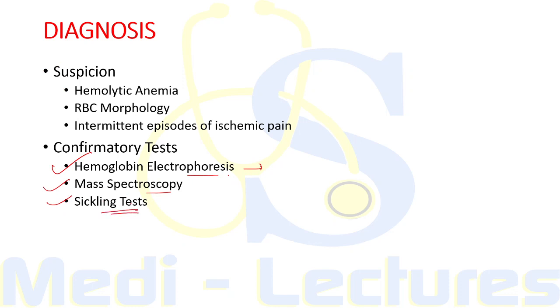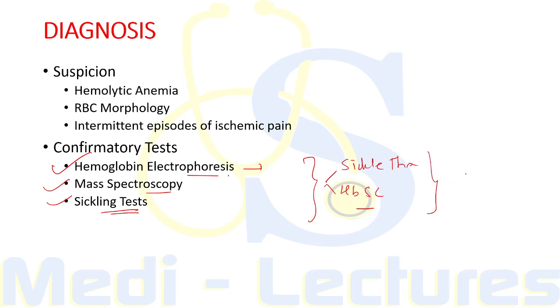tests. Now thorough characterization of exact hemoglobin profile of the patient is important because other sickle syndromes other than frank sickle cell anemia, for example sickle thalassemia or hemoglobin SC disease, these have very distinct prognosis and clinical features.